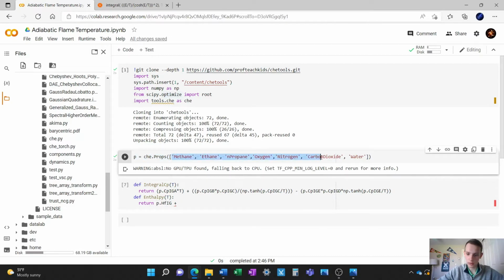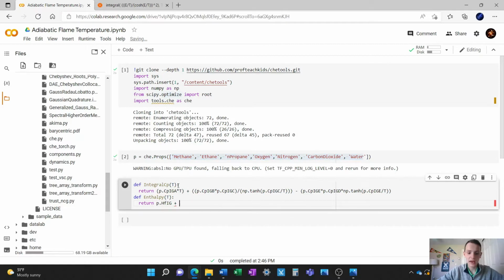I just want to remind you where we're getting these from. So we are accounting for all of those. And then now we can use this function that we have. One of them we're already going to be computing. The other we're not going to compute just yet. So we're going to have this integral Cp T. Now, what is that T?